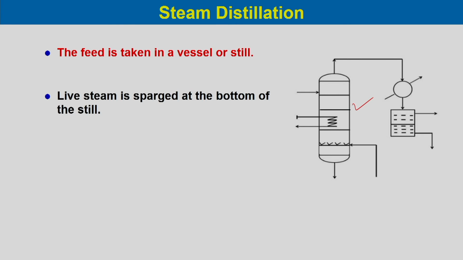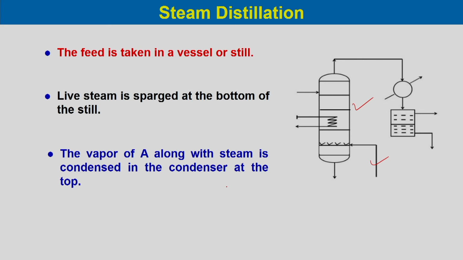Live steam is passed at the bottom of the still. Vapor A along with steam is condensed in the condenser at the top. So, the vapor of component A comes over here, and this is the condenser, and it condenses and then it is put to the separator where the water and the component A are separated.